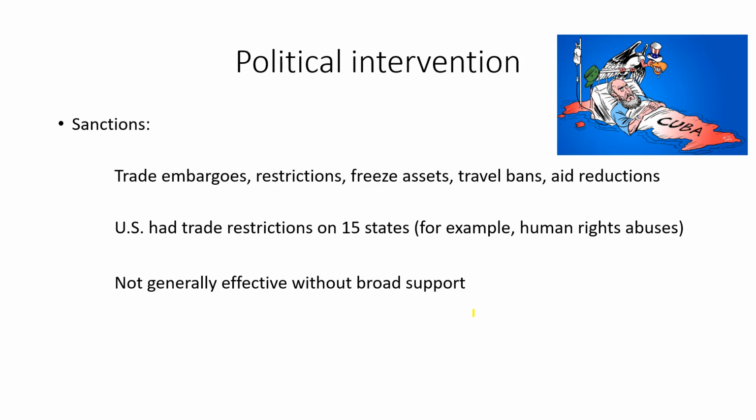On political intervention, sanctions, mentioned them a couple of times already. They are the most common go-to action as far as punishing another country out there in the world that's not doing something that either we want them to do or the global community wants them to do.